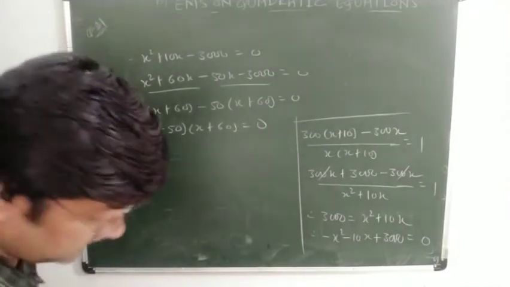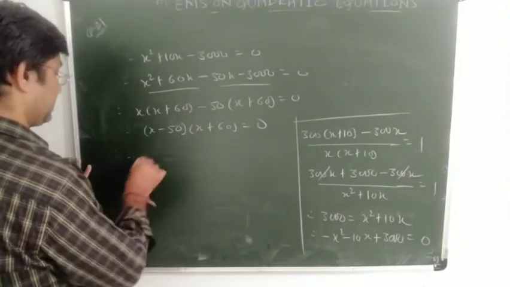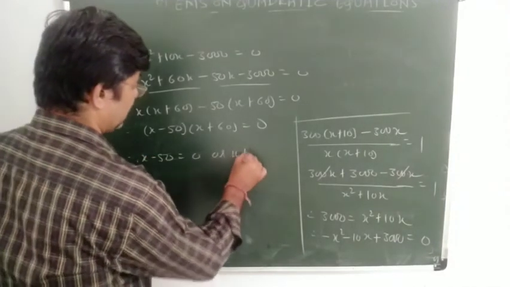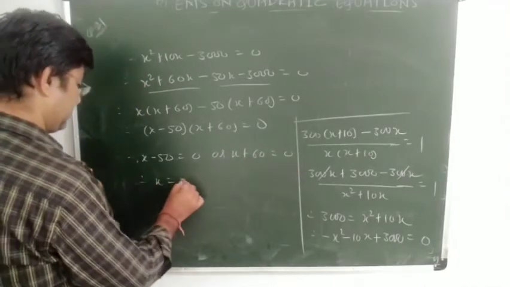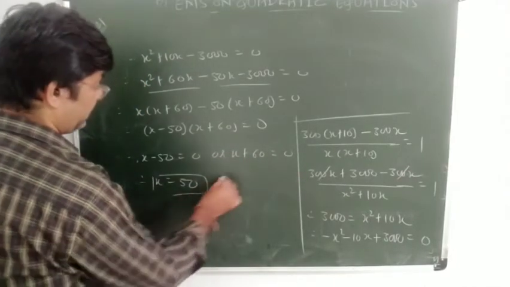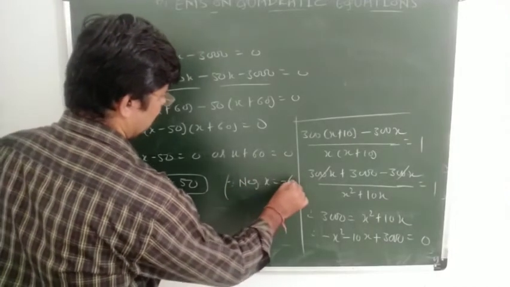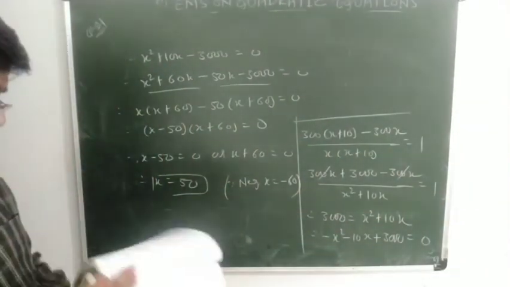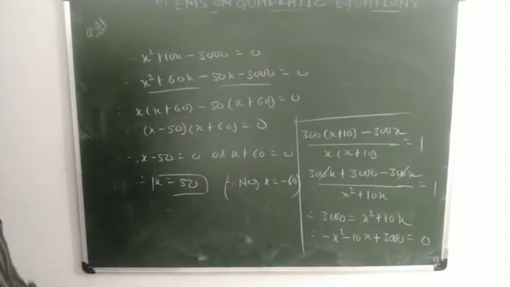Okay, therefore x minus 50 is equal to 0 or x plus 60 is equal to 0. Therefore x is equal to 50, neglecting x is equal to minus 60, and we have to find the filling capacity of the pump, so that is 50.